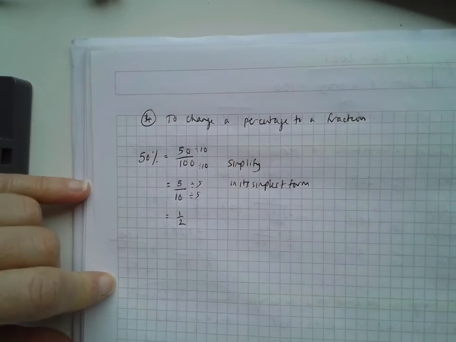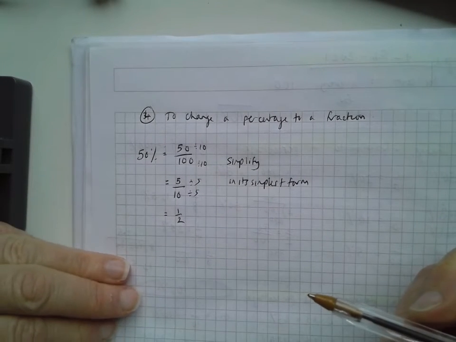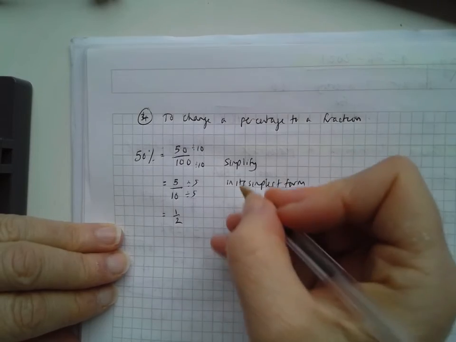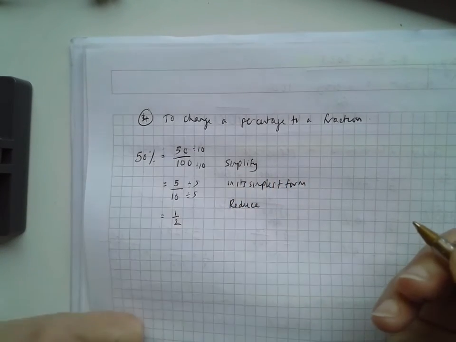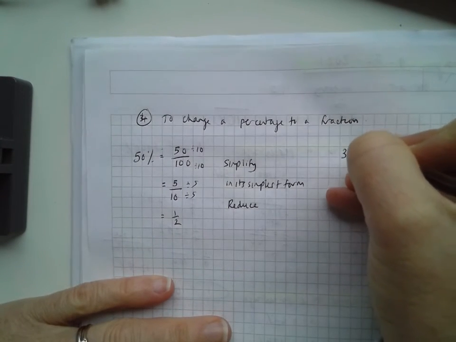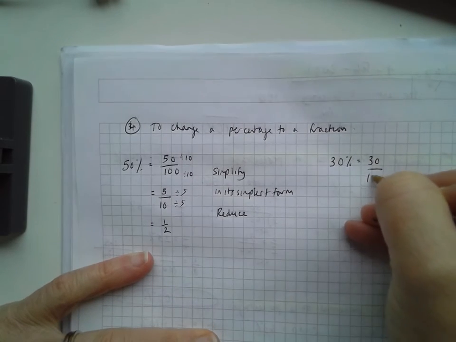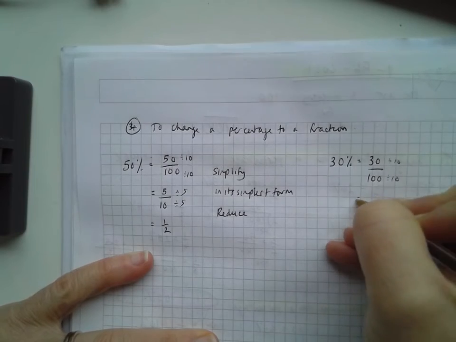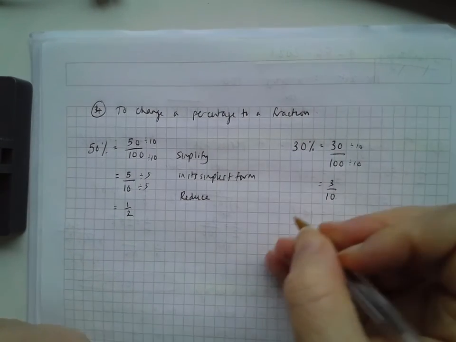Now you probably knew that 50% was a half, but you can see how we started off by writing it over 100, and then we did what's called simplifying it. We wrote it in its simplest form, or another word that we use is reduced it. Let's take 30%. How would we change that to a fraction? 30% is 30 over 100. If I divide by 10 above and below, I've got 3 over 10, and that's its simplest form. How about something like 28%?